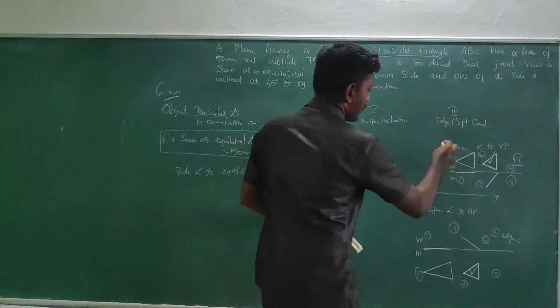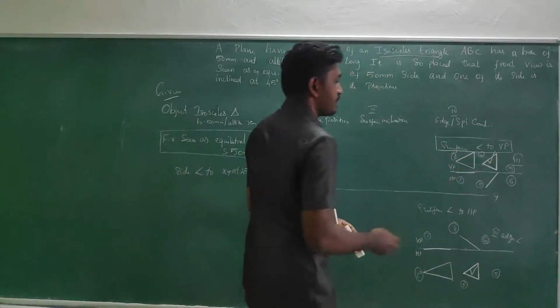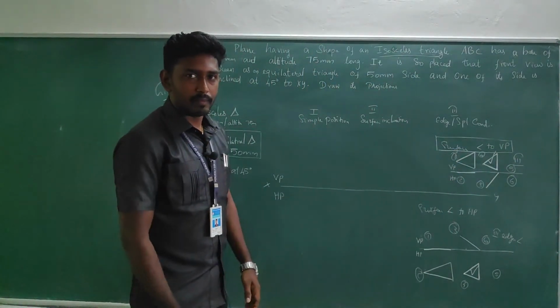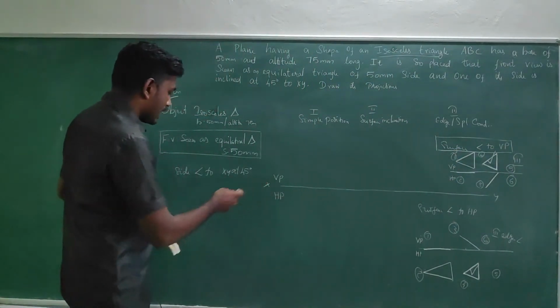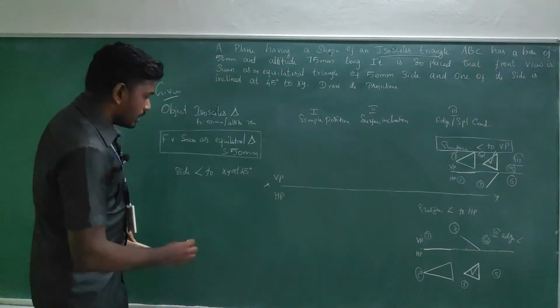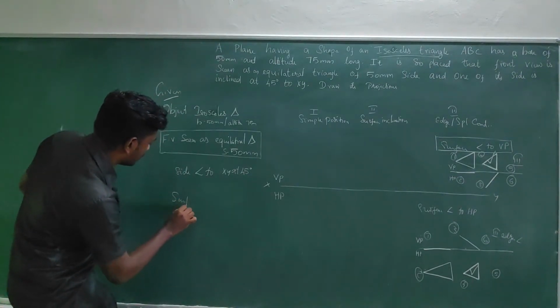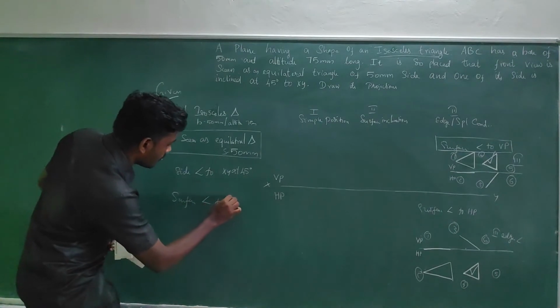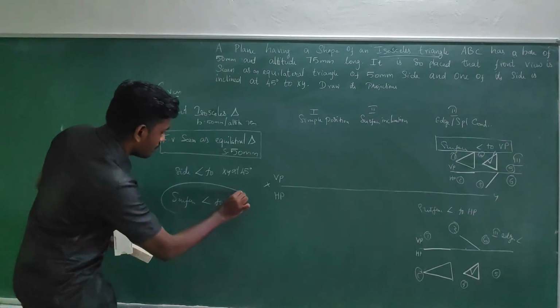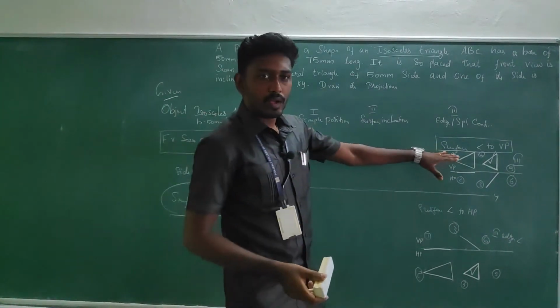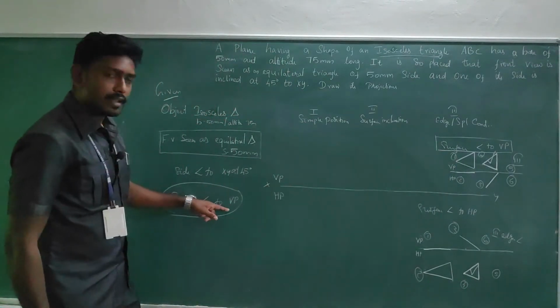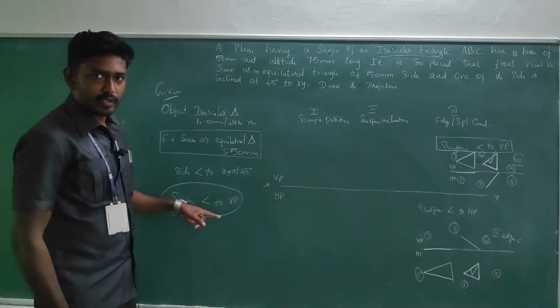So it must be the case of the surface inclined to VP. So we are going to start with the surface inclined to VP. From this idea, we got the surface inclination as VP.